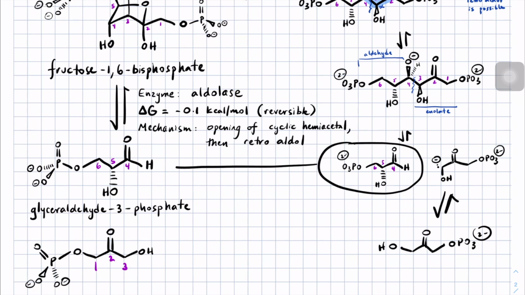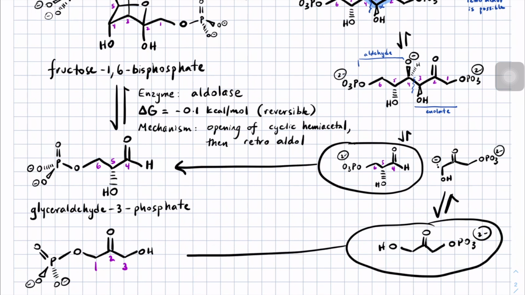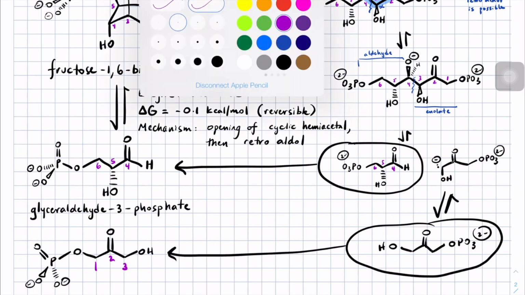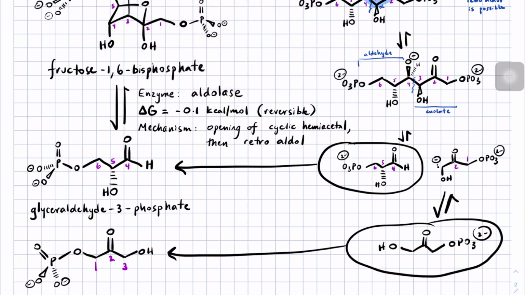So this molecule here is glyceraldehyde 3-phosphate. This molecule here is dihydroxyacetone phosphate. 1, 2, 3, 2, 3.